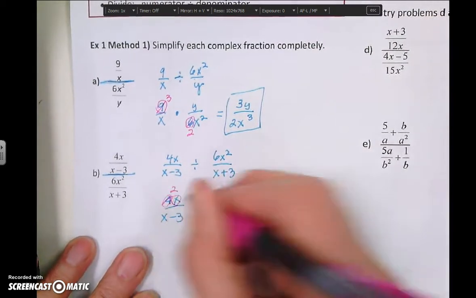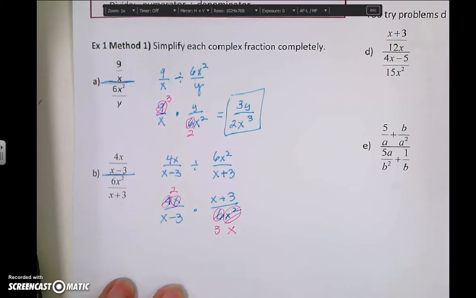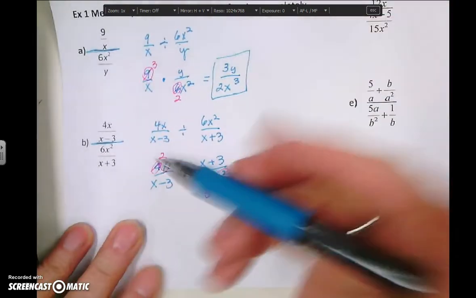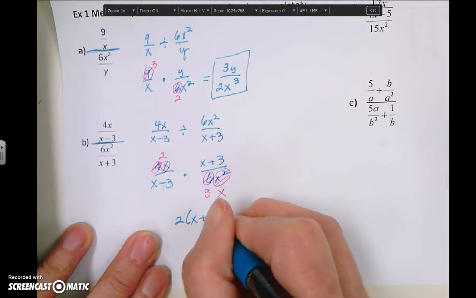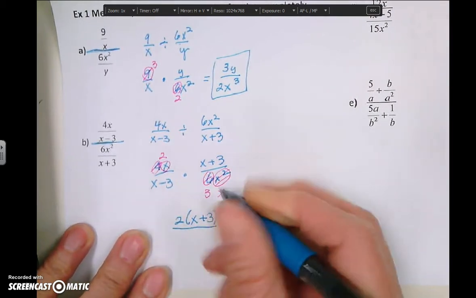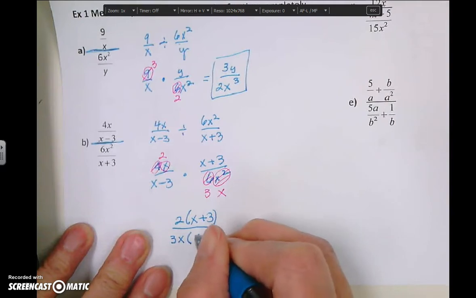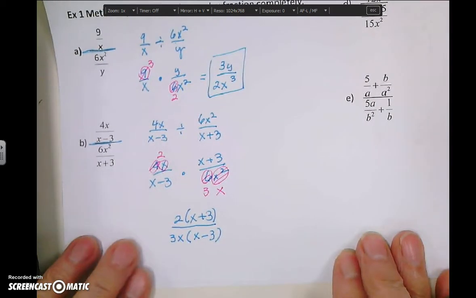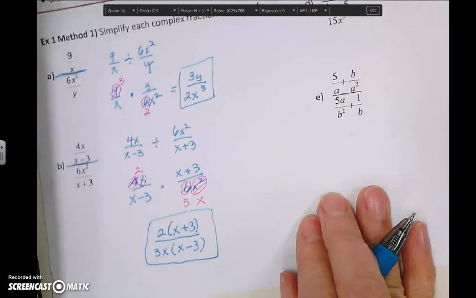And then my x and my x squared will leave me with an x in my denominator. So when I write this out, I have 2 times x plus 3 in the parentheses, divided by 3x times x minus 3. And you can leave your answer in that form rather than distributing.